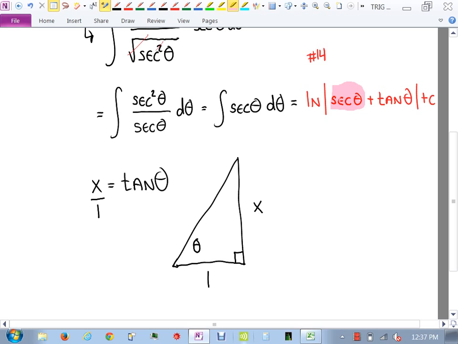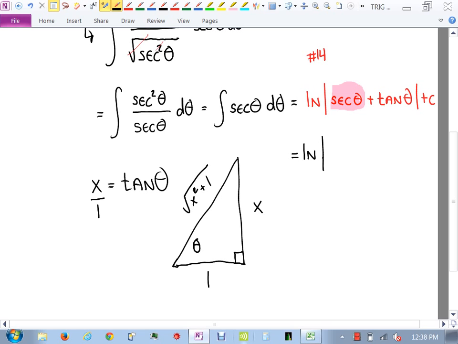Can I get the hypotenuse of a right triangle if I have two sides? Yes. a squared plus b squared equals c squared. So what's the hypotenuse then? Square root of x squared plus 1, isn't it? So this becomes natural log of secant theta.